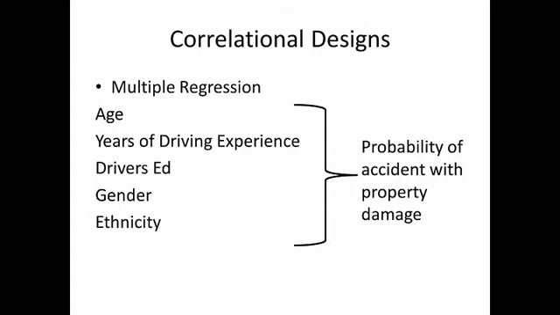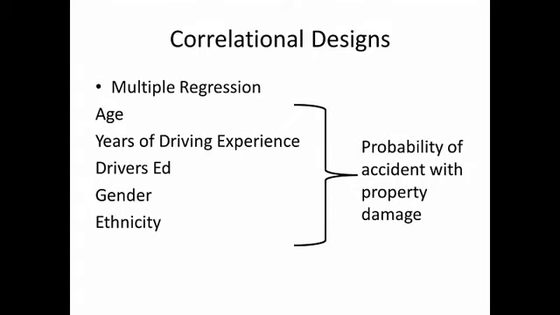Let me give you an example that has nothing to do with education, but will make sense to any of you who pay for car insurance. And if any of you have teenage boys driving, you will really get this one. With multiple regression designs, you can list out the variables that may influence an outcome. Then you statistically find a weight for each of those variables.